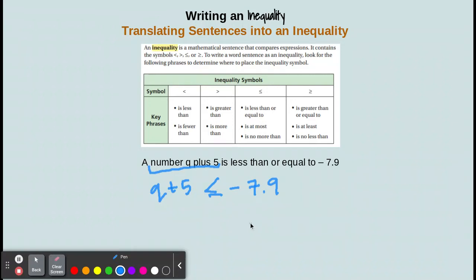And that is our inequality expressed in math symbols that is equivalent to this sentence here. So really, writing an inequality and translating the sentence is just looking at the clues within the sentence and matching it up with the symbol. Pretty straightforward.